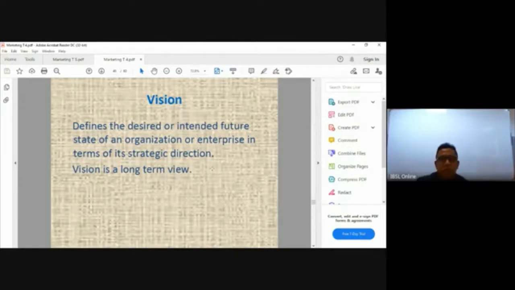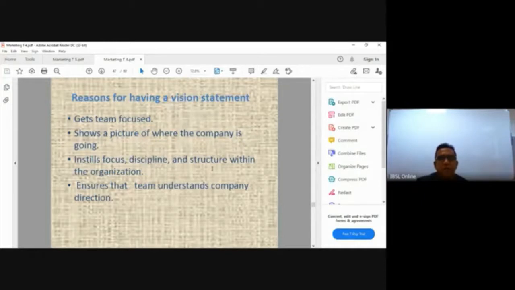Then reasons for having a vision statement. When you have a vision stated in writing, then you can get the team focused, and it gives a picture of where the company is going, and it instills focus, discipline and structure within the organization, and ensures that the team understands company direction.